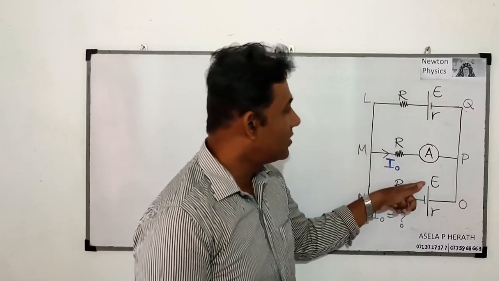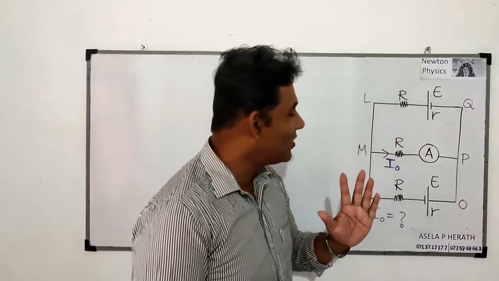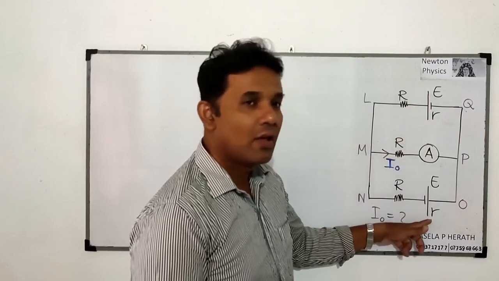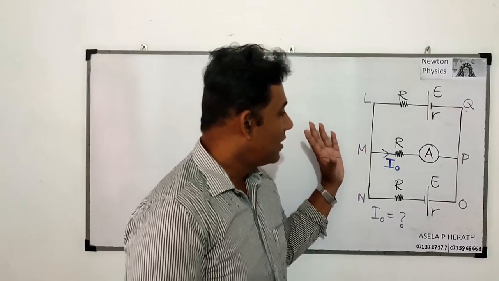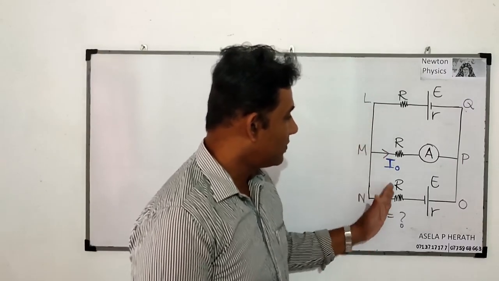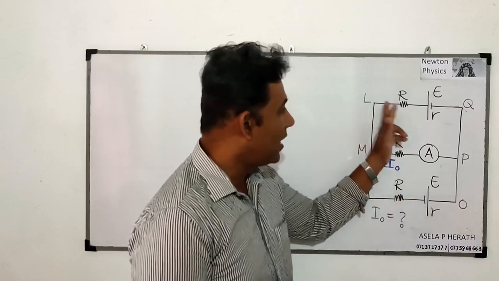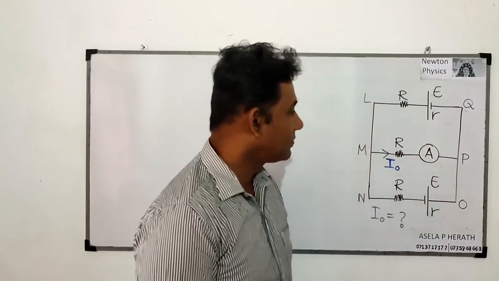You can see that I have selected them as capital E, with internal resistances simple R, and three resistors connected in parallel across each part LQ, MP and NO.